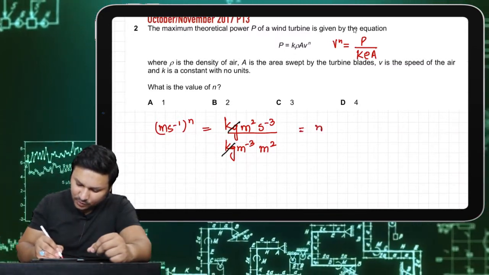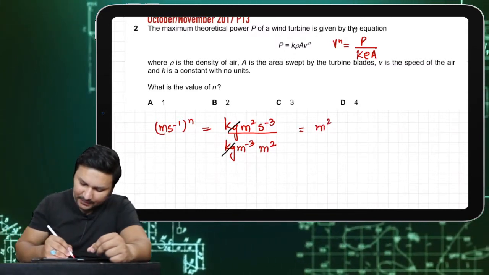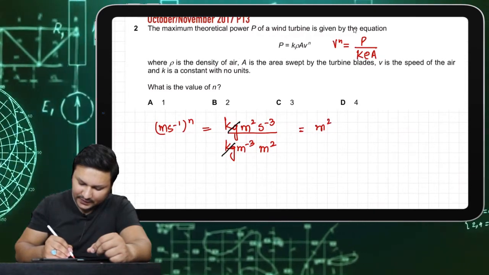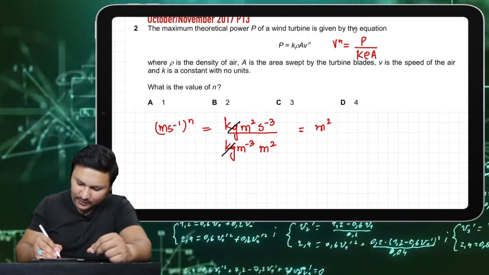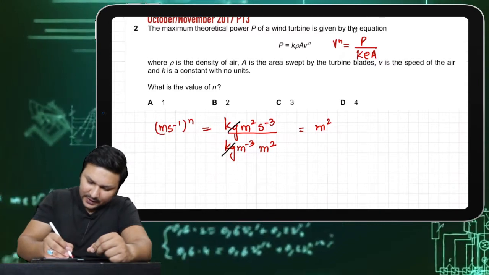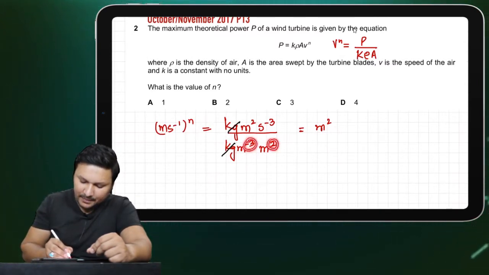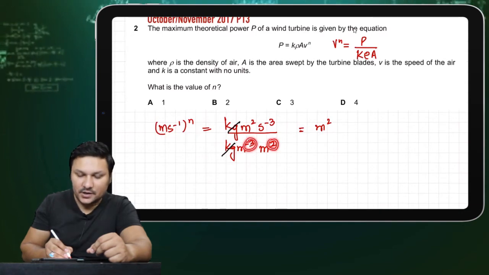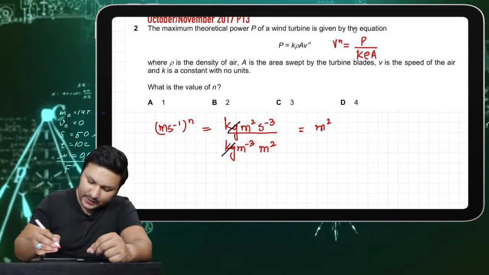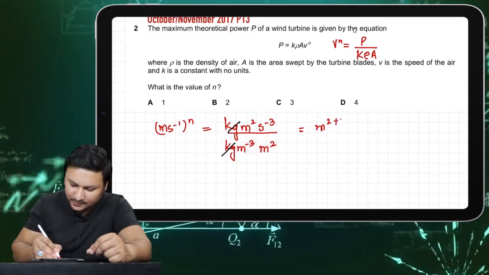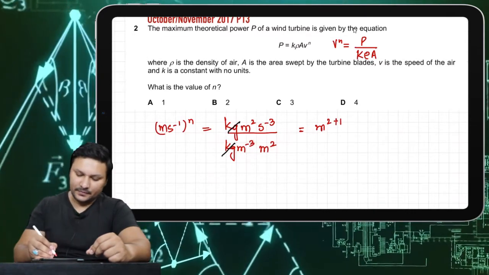That way, m square and m minus 3, if it is in denominator, it comes in numerator. And if you talk about m minus 3, m square, it becomes m raised to the power minus 1, which will convert into plus 1 when it comes in numerator.